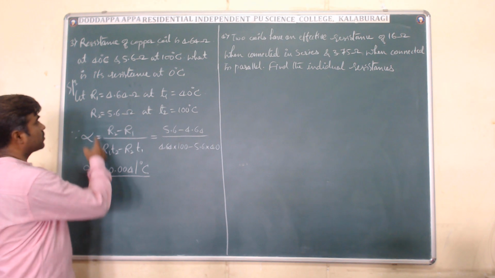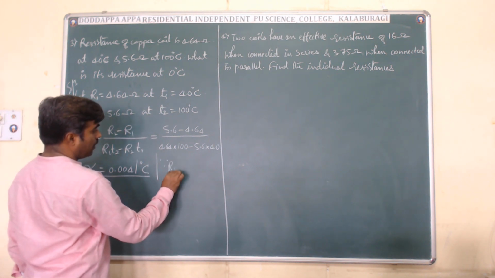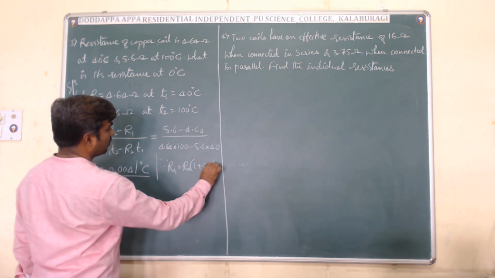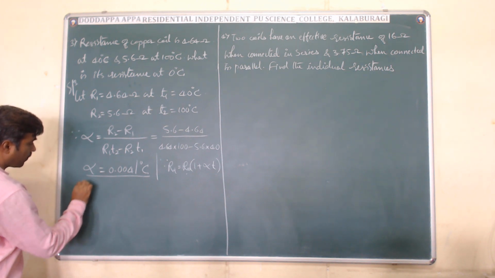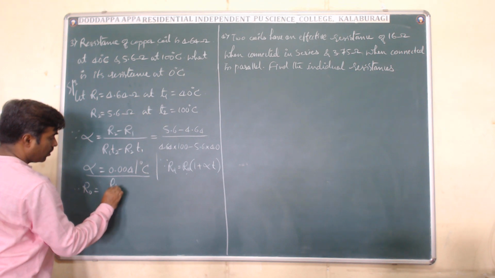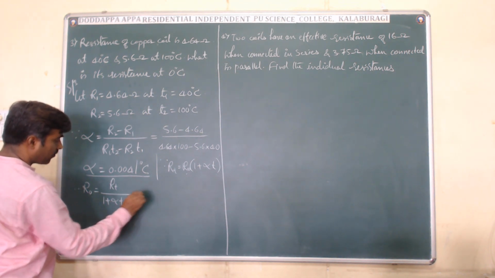Now using this, as I wrote, since RT is equal to R naught times (1 plus alpha T), directly we can go for the R naught value. Therefore, R naught at 0 degrees is equal to RT divided by (1 plus alpha T).